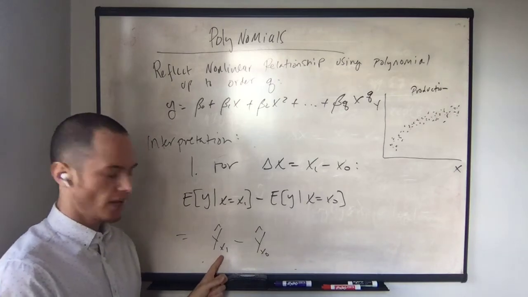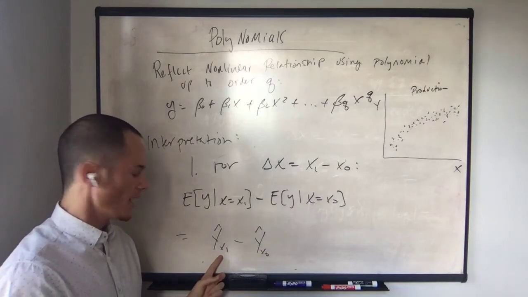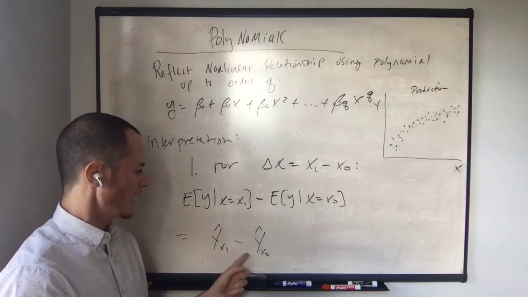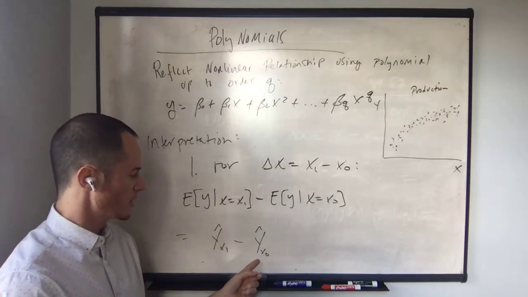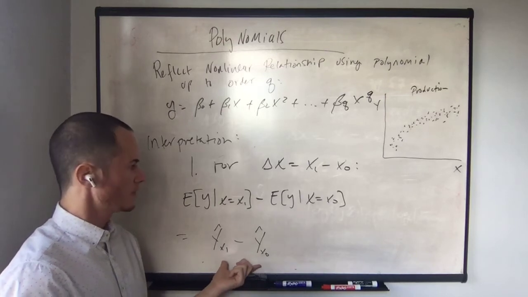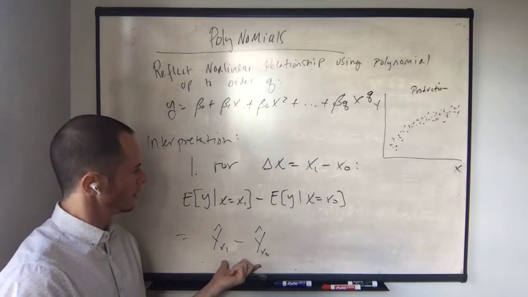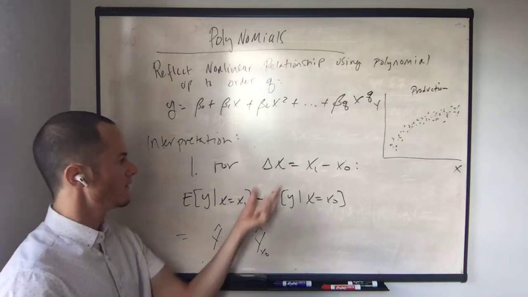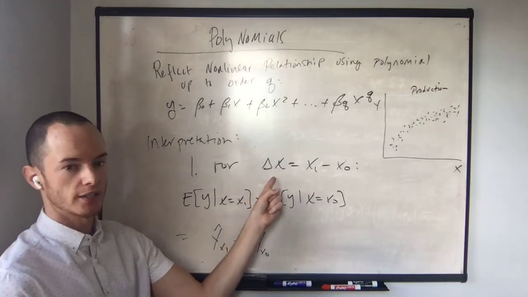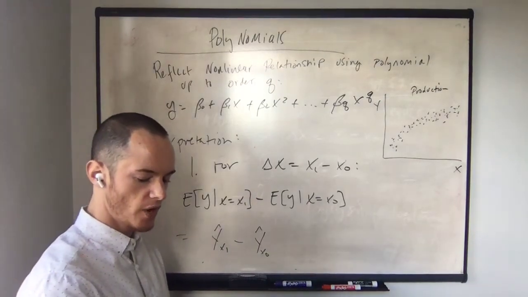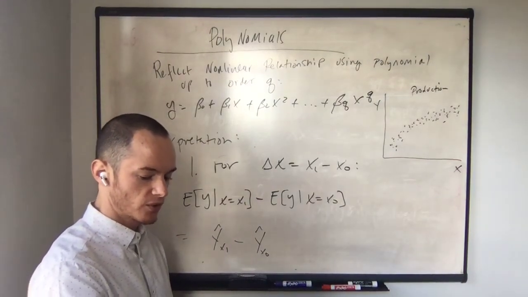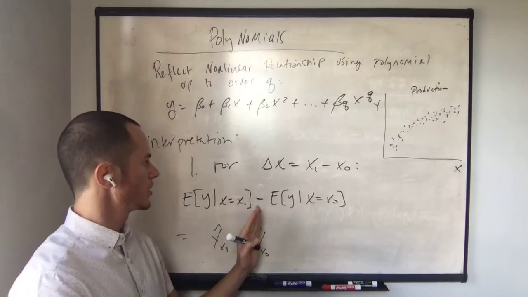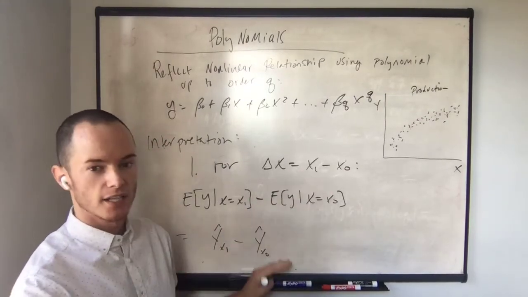So you get a predicted value where x is equal to the ending value, and a predicted value for y where x is equal to the initial value. You take the difference, and the difference in the predicted values for y is, in effect, the partial effect of x on y for the change in x. So that's one way, and the most accurate way to get the interpretation for the effect of x on y.